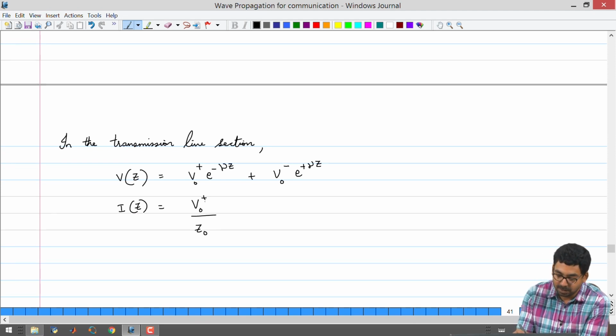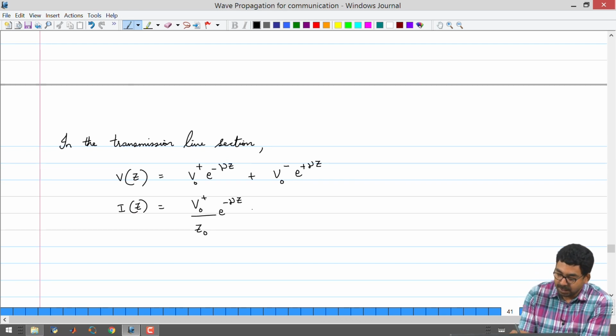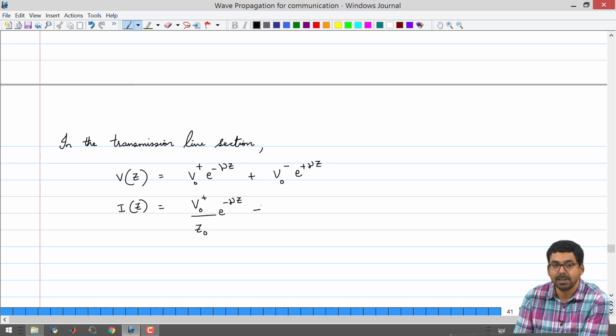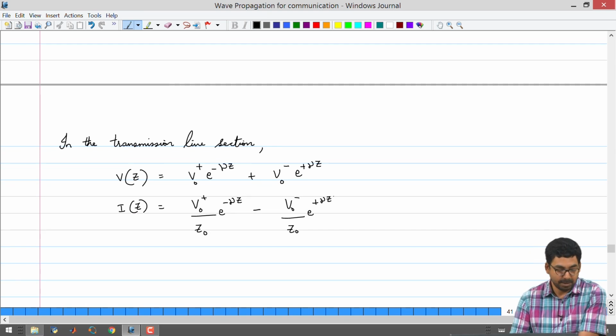So, I am just using V naught plus divided by Z naught, and it is a forward term, so I am marking it with e to the power of minus gamma z. And we also know that for the second term, I will have a negative sign because Z naught turned out to be negative for the backward propagating case. So, to mark that clearly, I am putting minus V naught minus divided by Z naught e to the plus gamma z.